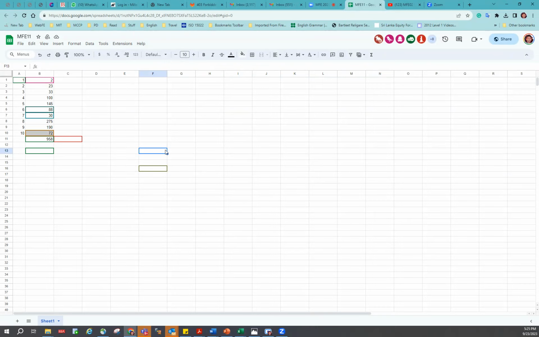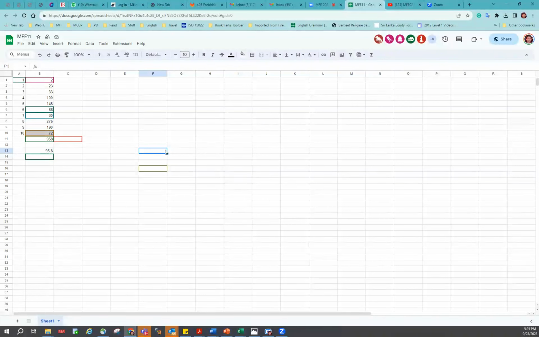Then we divide to get the average. The average value is 95.8.